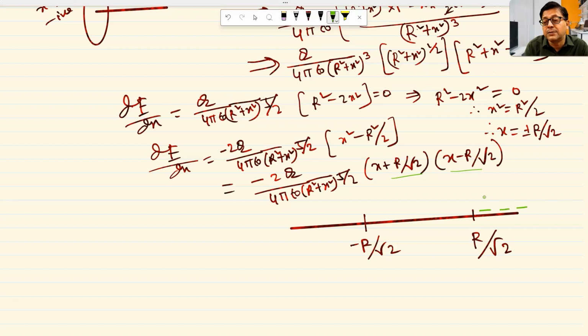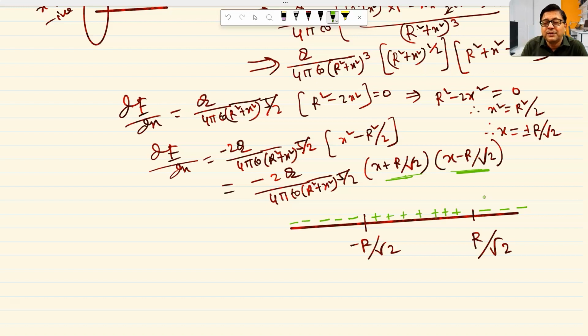You take a value in between these two, then this part will be negative, this part will be positive, but here negative sign is there. So in between anything you take here, sign of dE by dx is positive, and beyond minus r by root 2, this is negative, product is positive, outside negative. So less than minus r by root 2, it is negative.